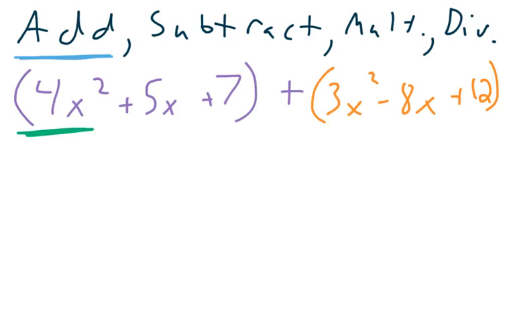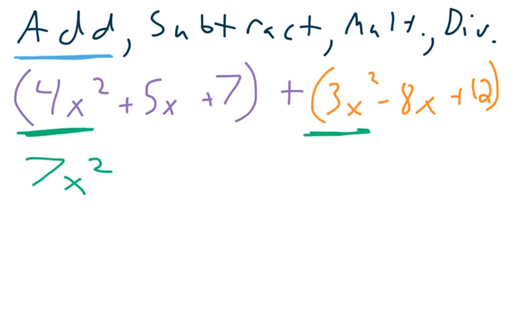So I want to look on the other side of the problem and see if there is also an x squared. There is. I have a 3x squared, so there's a 3 stuck to it. So basically, I'm adding, so I just add these together like normal, and they just keep that x squared that's stuck to it. So 4 plus 3 gives me 7, and the x squared is just going to go with it.